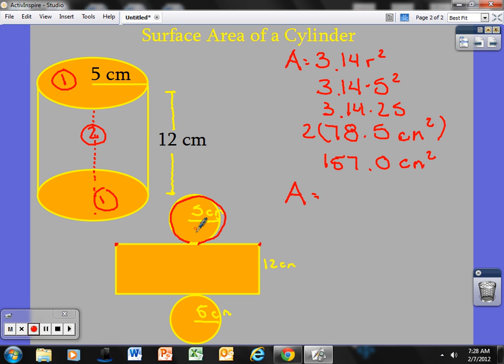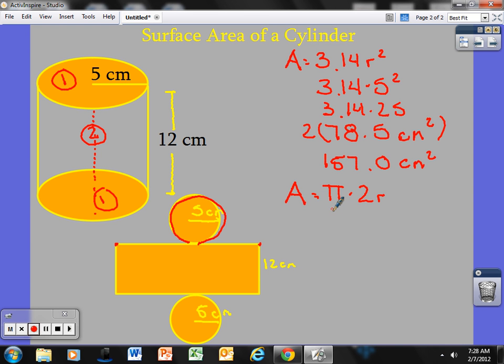Now they're going to use something a little different: 2 pi times r, because the diameter is just the radius times 2. So it's pi times 2r, or the radius doubled.